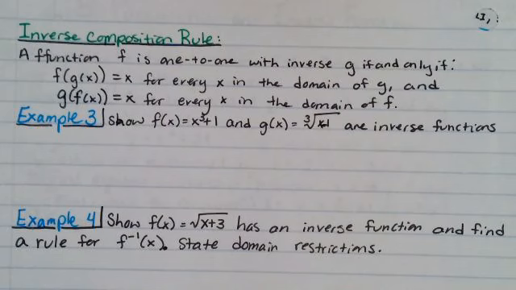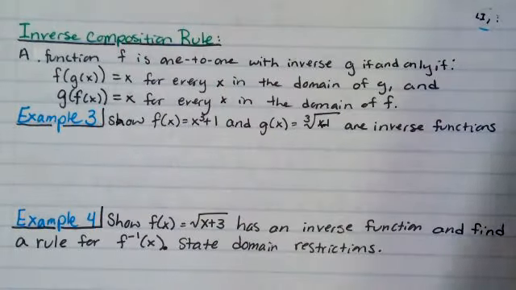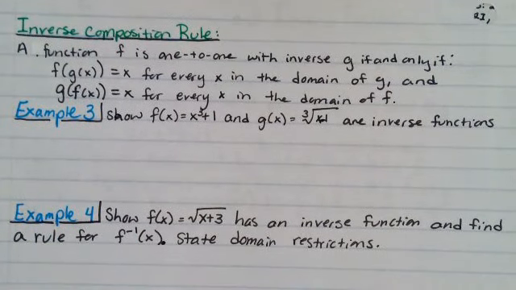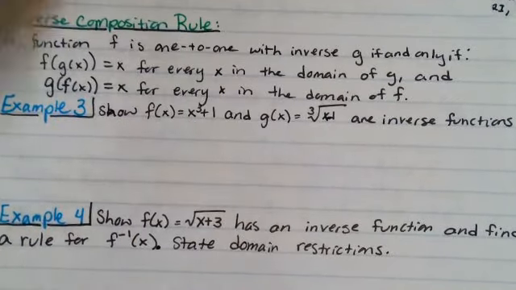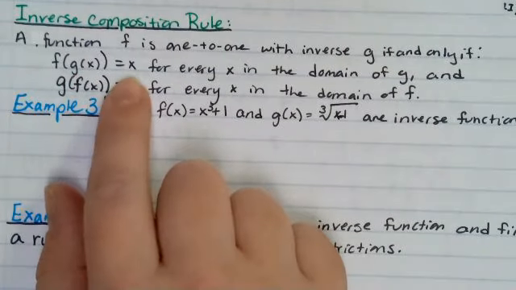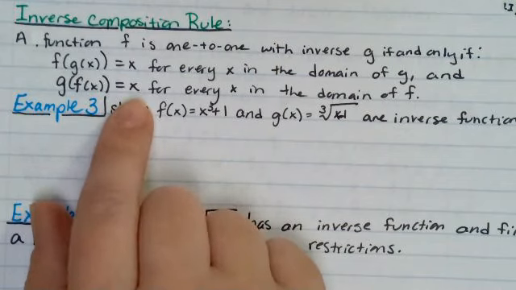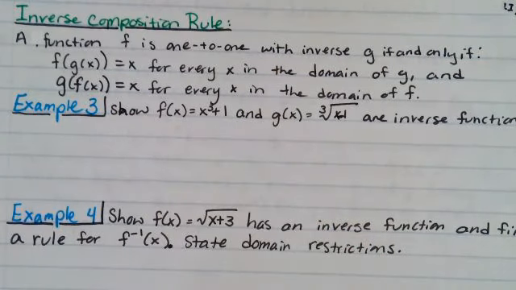This rule says a function f is one-to-one with inverse g if and only if f of g of x equals x, and g of f of x equals x. Okay, so watch what happens. It's pretty cool.